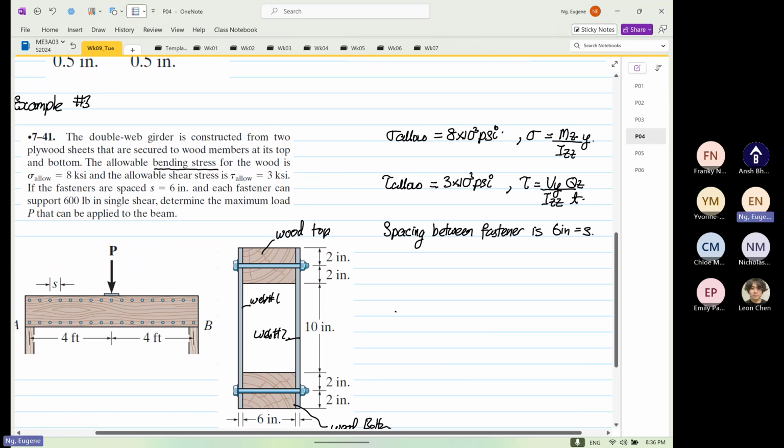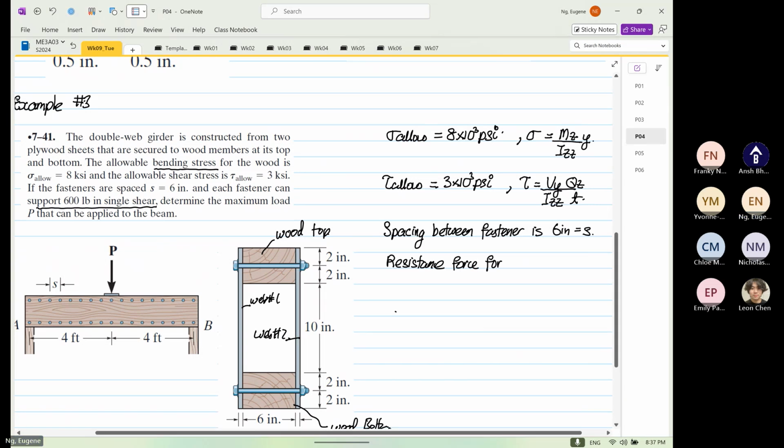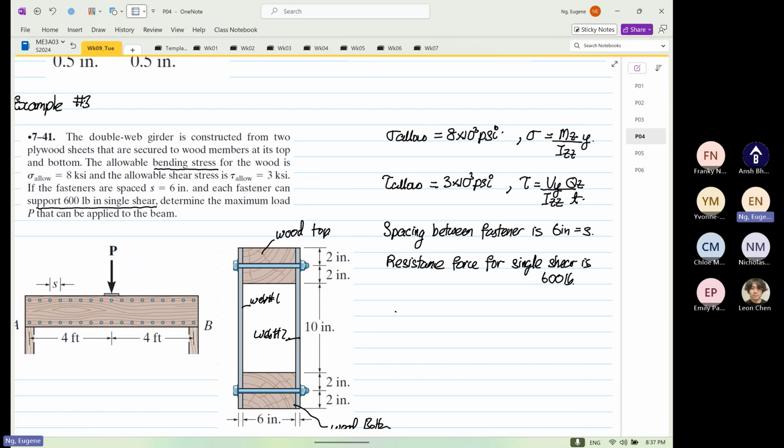And we know that this is equal to S. And the resistance force given to us, read this, is 600 pounds for single shear. So the resistance force for single shear is 600 pounds. So all these are given to us.